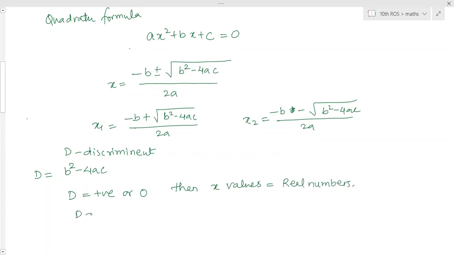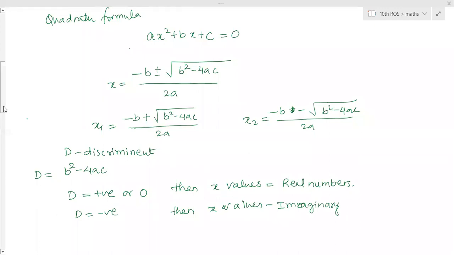But if D is negative, then the x values are imaginary roots. When D is negative, it means the square root of a negative term. Is it possible to find the square root of a negative term? No, so those values will be imaginary numbers.